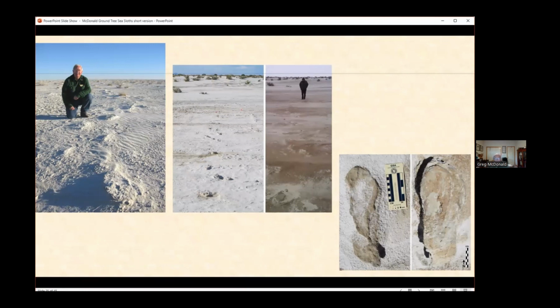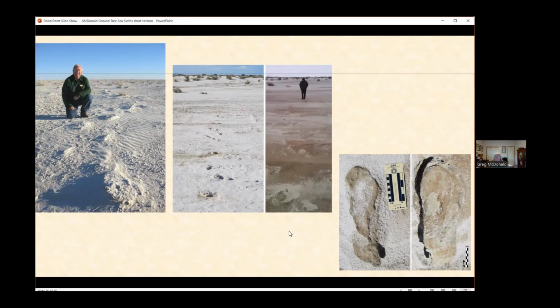And what's also interesting is that in this particular spot, we're also getting exposed human tracks that have been dated, and it's been suggested, with the overlapping of human tracks and sloth tracks, that we may actually have direct evidence of humans going after and hunting sloths based on this site in White Sands.